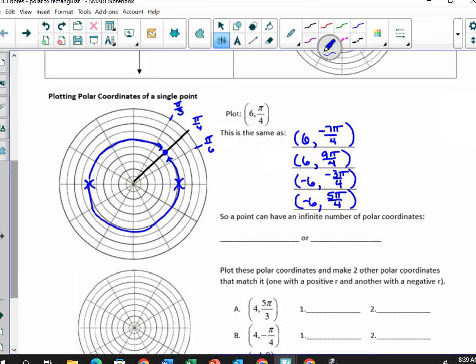Okay, so you end up at pi. It ends up here, but you can label that point in a bunch of different ways. Think of when we did coterminal angles, right? Pi over 4 was the same as 9 pi over 4, was the same as -7 pi over 4. We're doing that again, but we're throwing in a radius.